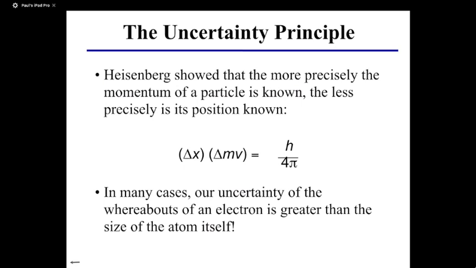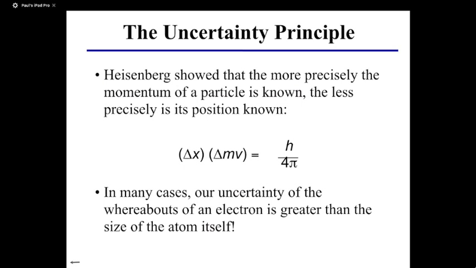As we started looking at the electron and the smallness of what we were looking at, we get into what are called quantum mechanics, where things don't quite work the same way as the real world. Heisenberg showed that if you know the speed of how fast that electron is going, you can know that very well, but you don't know where it is.